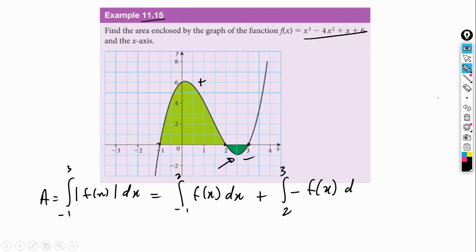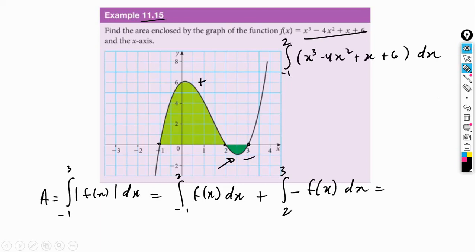And this, right? So if we do this, and I'm going to continue up here, we would integrate then from -1 to 2 normally. So just for x cubed minus 4x squared plus x plus 6 dx.